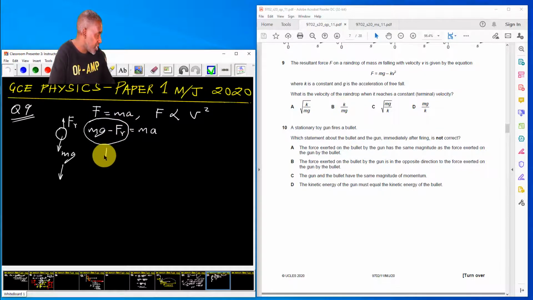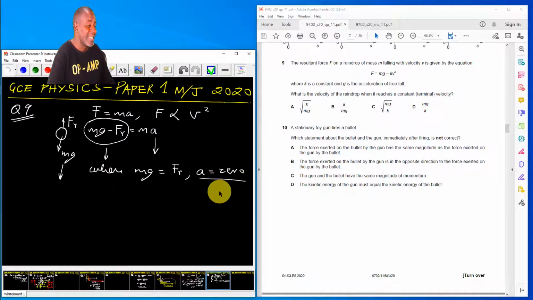is going to decrease, and therefore the acceleration will decrease until a point comes when this friction is equal to this. When mg is equals to the friction, or when friction is equals to mg, then a will be 0. And it is at this point that it moves with terminal velocity. And we know this situation very, very well.